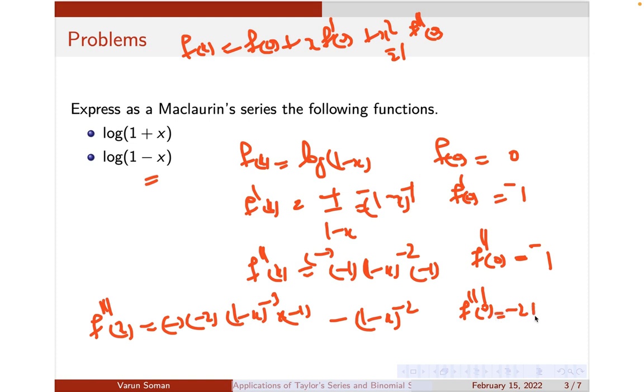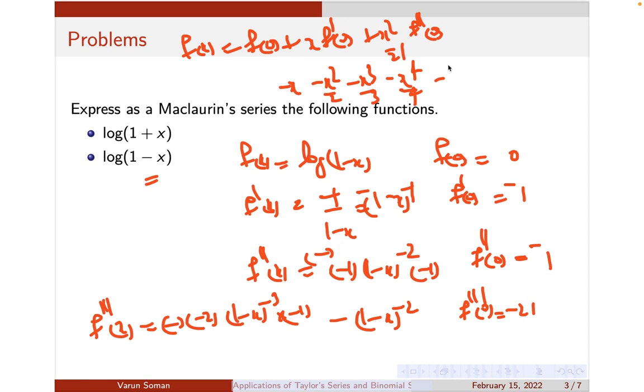Similarly, when you take f raised to 4, you will have a factor of 3 as well, so it will be minus 3 factorial. So in every term there will be minus. Your expression will become f of 0 is 0, minus x square by 2, minus x cube by 3, you can just do it yourself, the same idea only, nothing new is there, minus x raised to 4 by 4, etc.